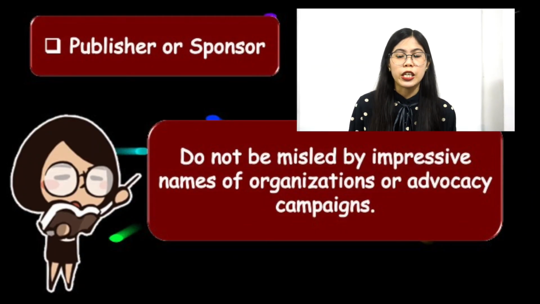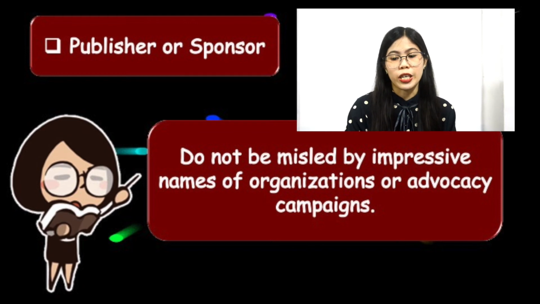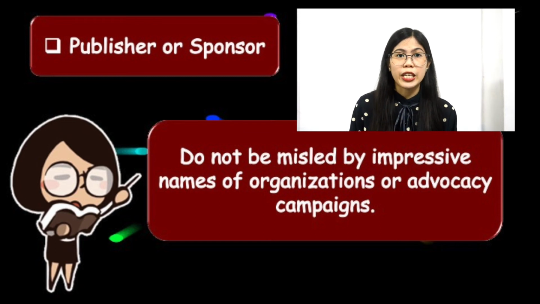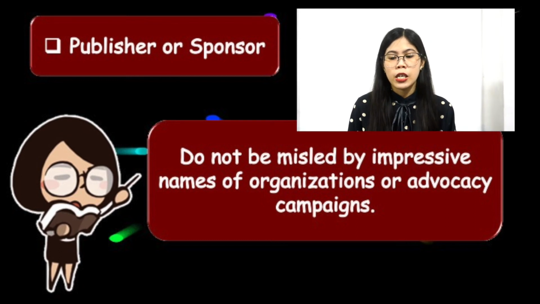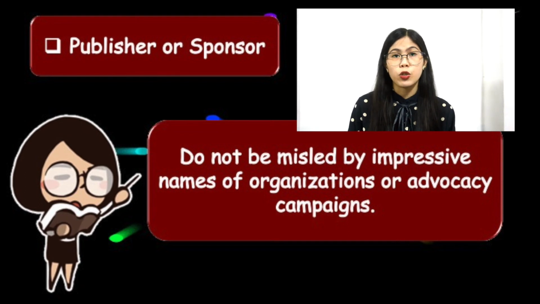Next factor to consider is the publisher or the sponsor of a particular claim. Do not be misled by the impressive names of organizations or advocacy campaigns. For example, a campaign named Education for the Ethnic Tribes advocates bringing education to far-flung areas of Palawan. They bring in teachers and teach children, coordinated with the government and with good relationships.